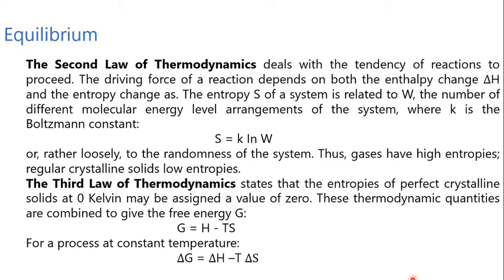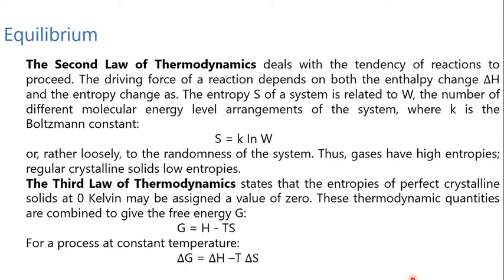Thus, gases have higher entropies than regular crystalline solids. Then the third law of thermodynamics states that the entropy of a perfect crystalline solid at 0 Kelvin may be assigned as 0. Means at absolute zero temperature, the entropy of a pure perfect crystalline sample is 0.